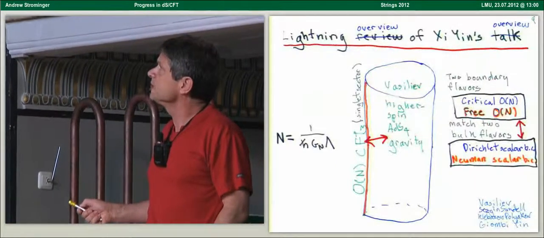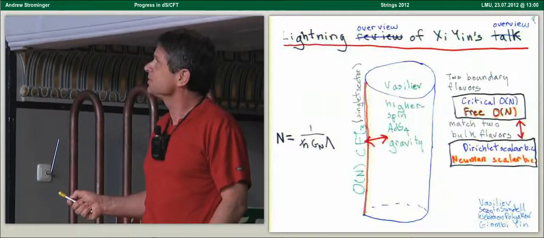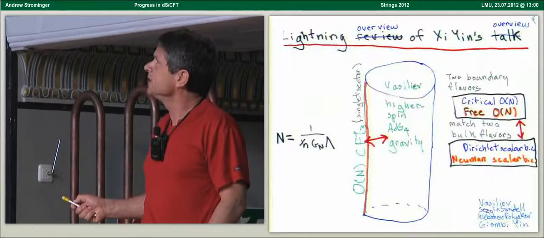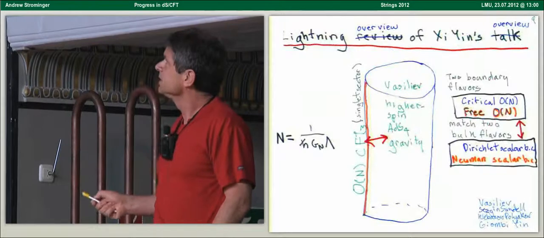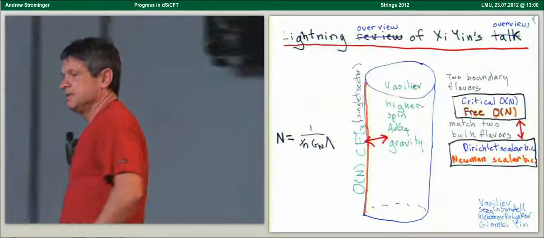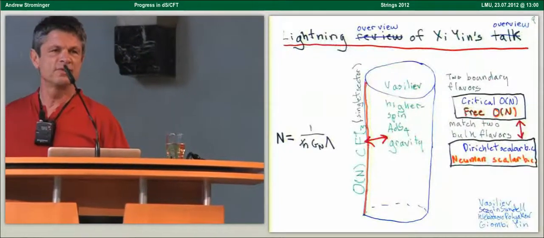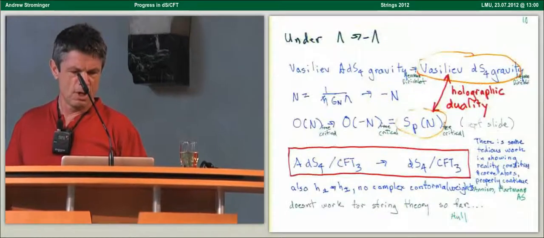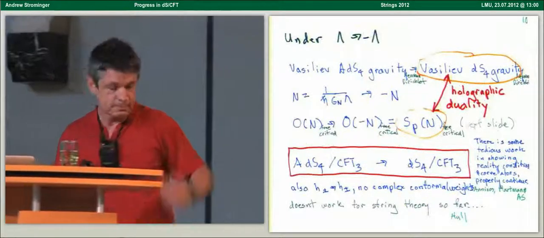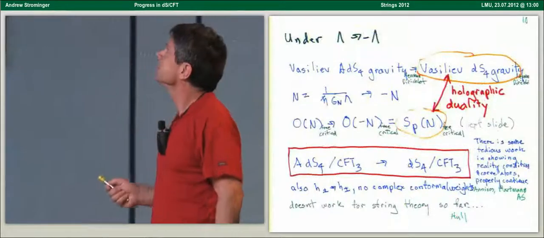There's an important formula here, which depends on your conventions for the numerical factor, that N goes like 1 over h bar times Newton's constant times the cosmological constant lambda. There's been all kinds of beautiful work on this over the last several years, all of which I think we should be able to adapt to this de Sitter context.